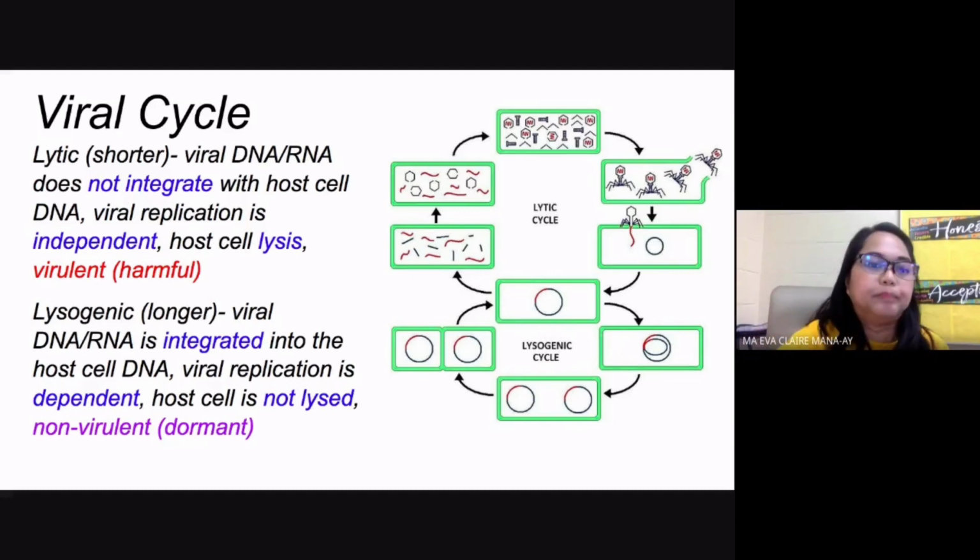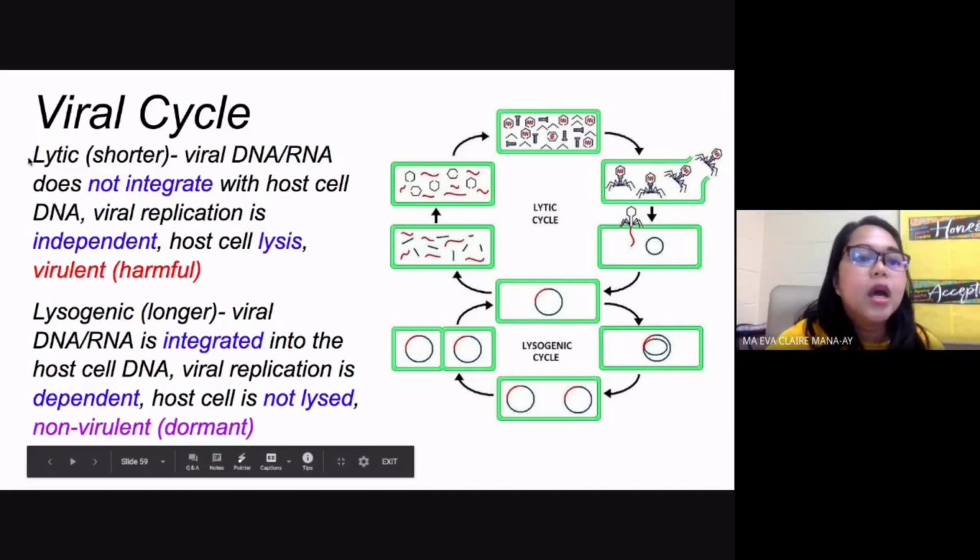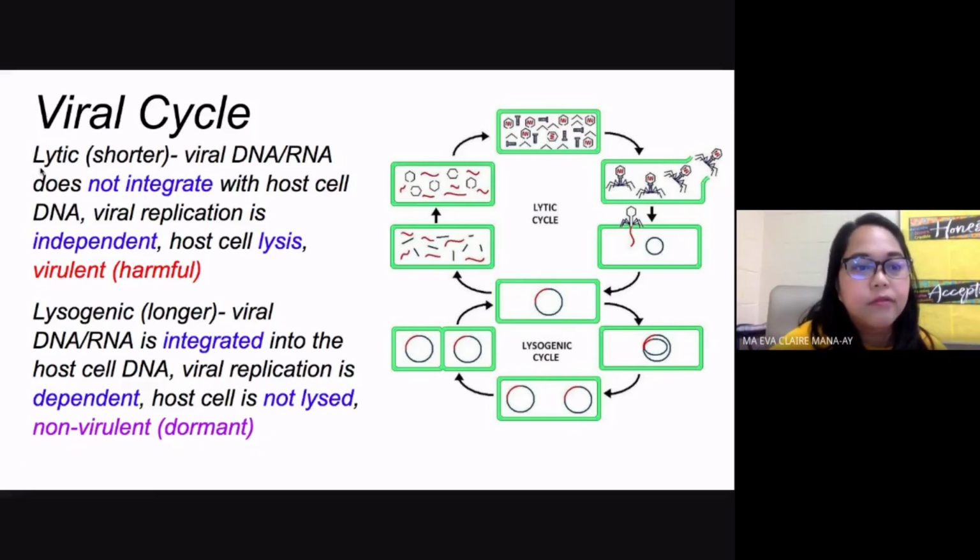So again, let me repeat it. One hint that I can give you is to take a look at the letters that we have here for both of your stages. For your lytic stage, you only have 5 letters. For your lysogenic stage here, you have a longer word. And so that gives us a hint that your lytic stage here is shorter. This is a shorter stage. It is also the more virulent stage.